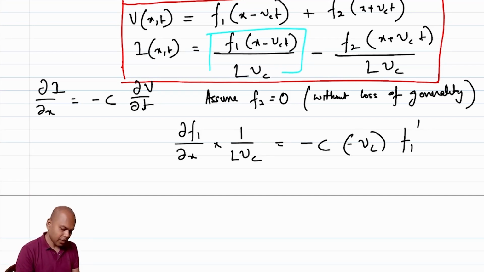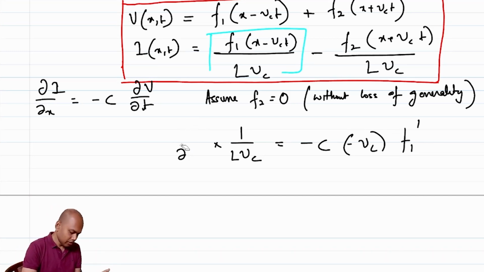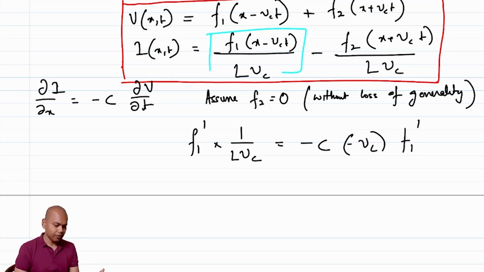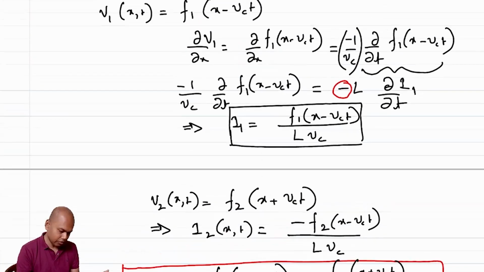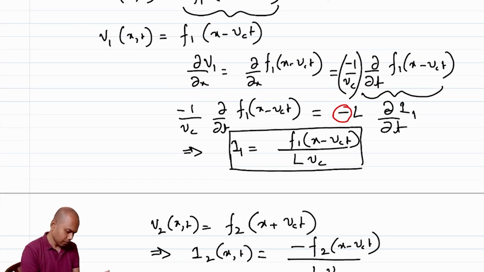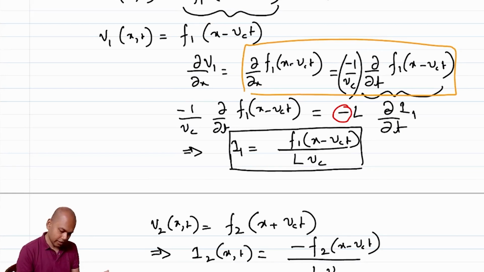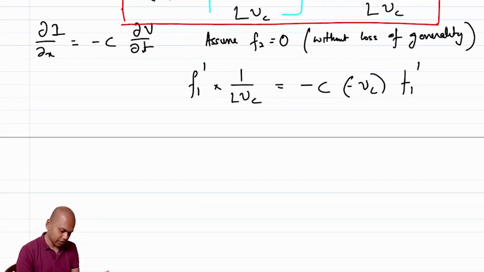Now this f1 dash, I have used the chain rule. So if I use chain rule, then this f1 dash is the same as dou f1 dou x. So this is essentially also f1 prime. Alternatively, if you are not comfortable with this, you can also use this expression. You'll get the same results, but essentially I write it down using chain rule.